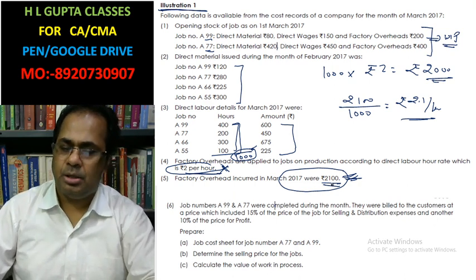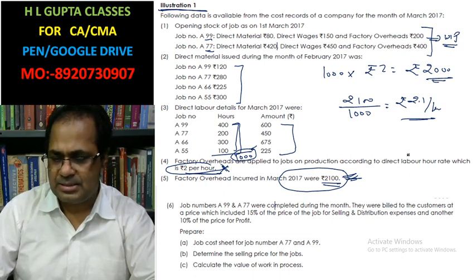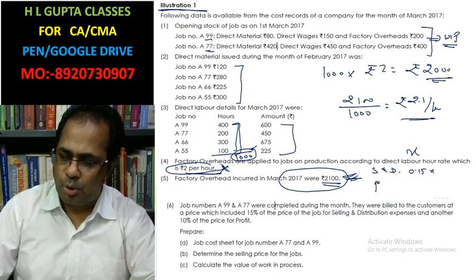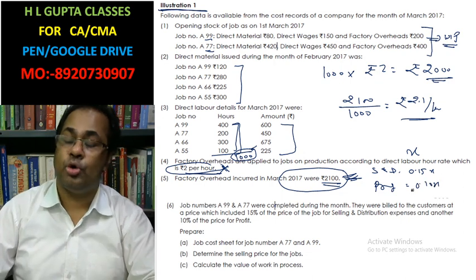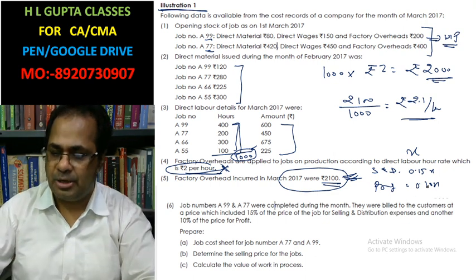It means if the selling price is X, then selling and distribution expenses are 0.15x and profit is 0.10x. There is no information about administrative cost.